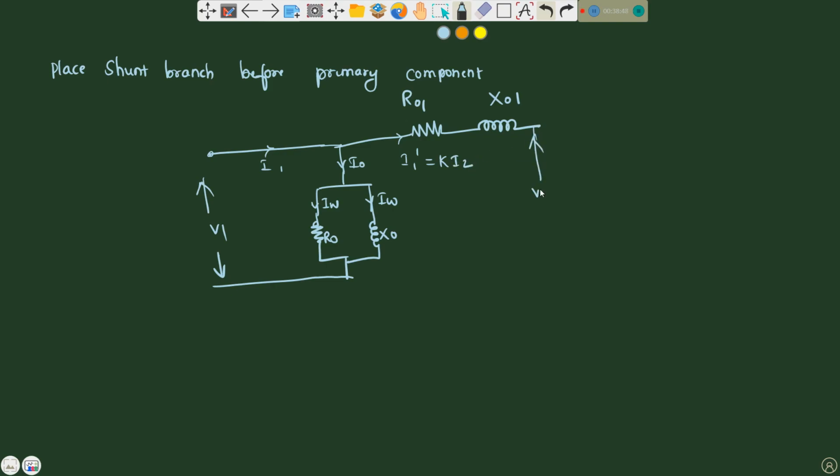Here it will be a V2 dash on the secondary side. Then you will get the load impedance ZL dash, okay. So this is the equivalent circuit of the transformer, the first approximation with respect to primary.